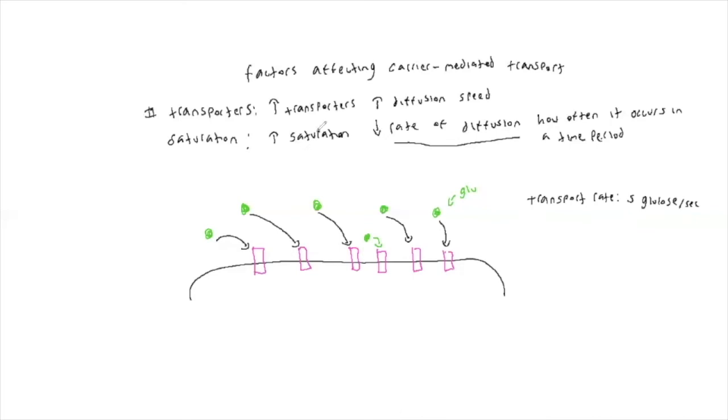So the greater the saturation, then the slower the rate of diffusion will be because it can no longer increase. I hope that kind of makes sense. The PhysioX lab does a pretty good job of explaining it too.